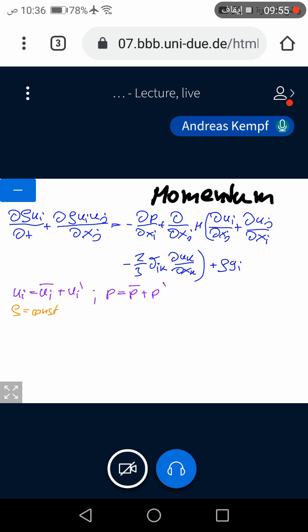If the density is constant, this divergence term here will be zero. If the density is constant, we also end up with this term here in combination with that guy becoming 0.